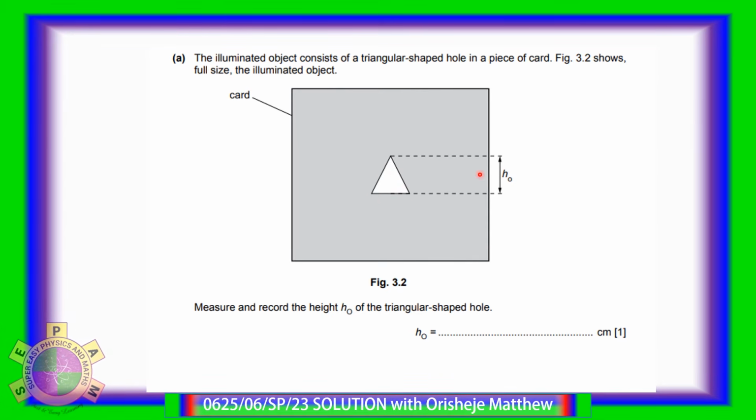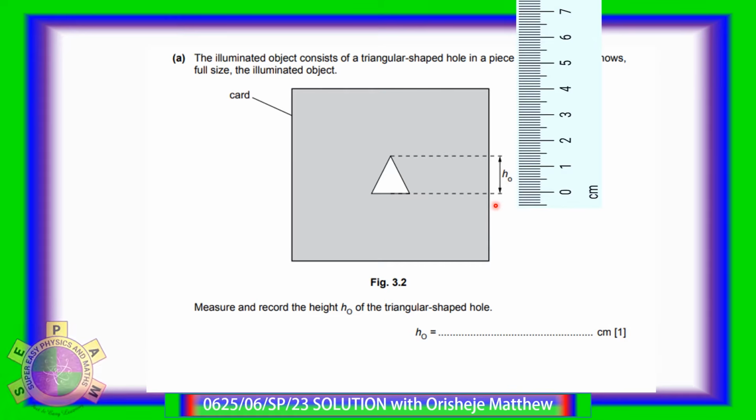So let's look at the size. So you measure the height. So all we need to do, position your ruler, and then if you look at that from here, that is 1, 1.1, 1.2, 1.3, 1.4, this 1.5. So the height of the hole is 1.4 cm.